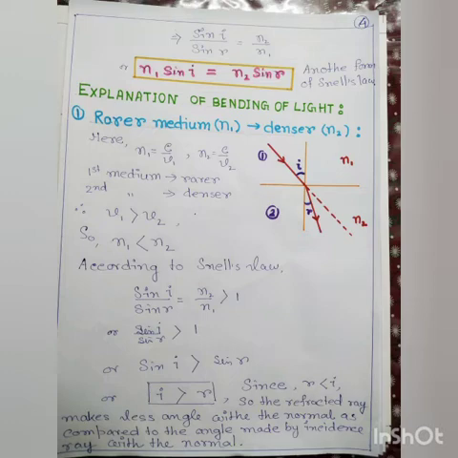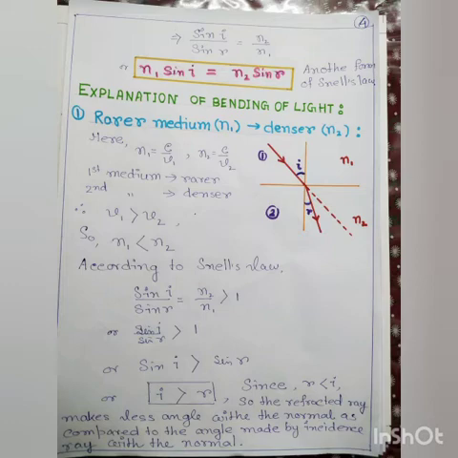Say here we have considered the first medium with absolute refractive index n1 which is rarer, and the second medium with absolute refractive index n2 which is denser. So the velocity of light through the first medium v1 will be greater than v2. So n1 will be less than n2. Now according to Snell's law, sin i by sin r equals n2 by n1. And here as n2 is greater than n1, n2 by n1 will be greater than 1.